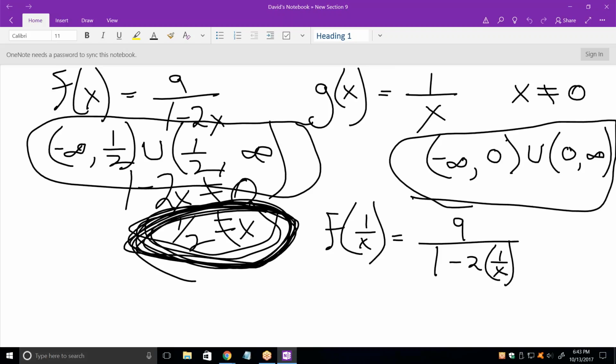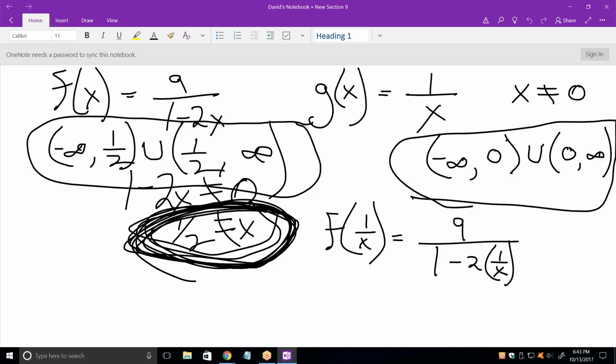But let's talk about the domain of this new function. What can x not be? 0, right? That's one thing it can't be, because then I'd be dividing by 0.